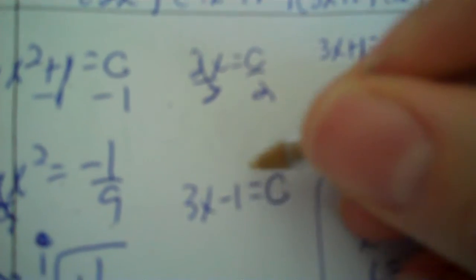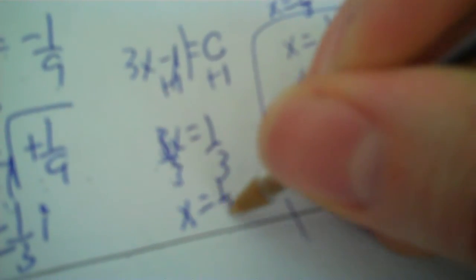Then 3x - 1 equals 0. So we add 1, 3x equals 1, divide by 3, x would be 1/3. So that's 5 roots right there: 1/3 i, negative 1/3 i, 0, negative 1/3, positive 1/3.